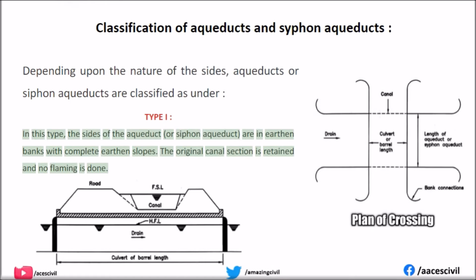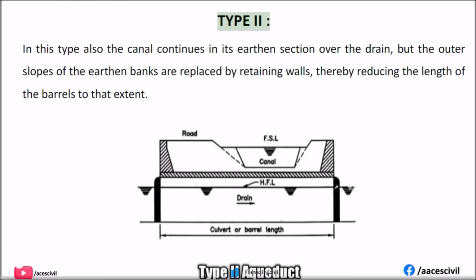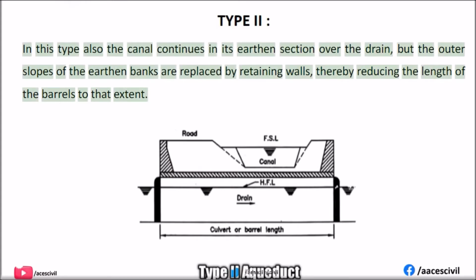The original canal section is retained and no flumING is done. Type 2: in this type also the canal continues in its earthen section over the drain, but the outer slopes of the earthen banks are replaced by retaining walls, thereby reducing the length of the barrels to that extent.